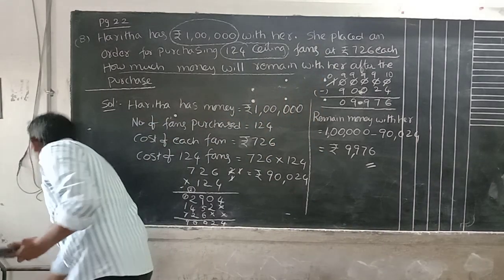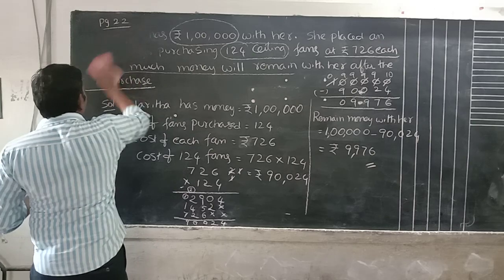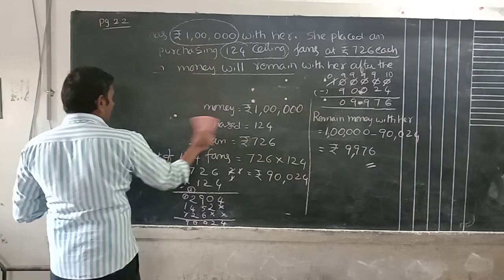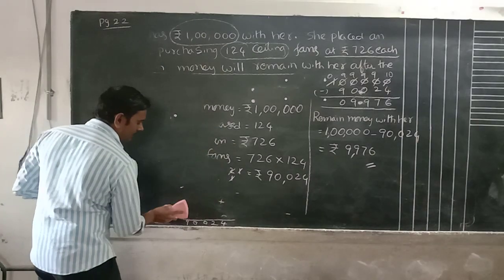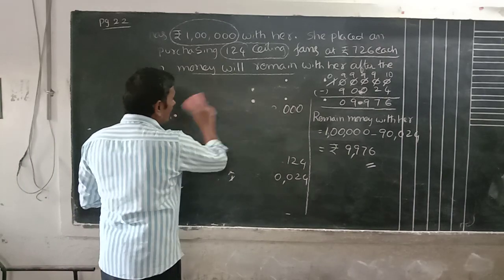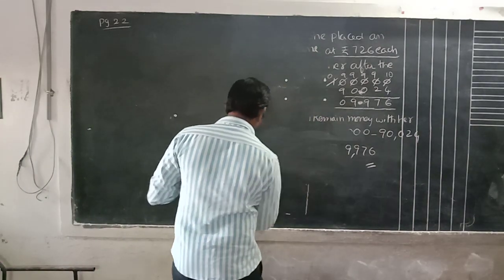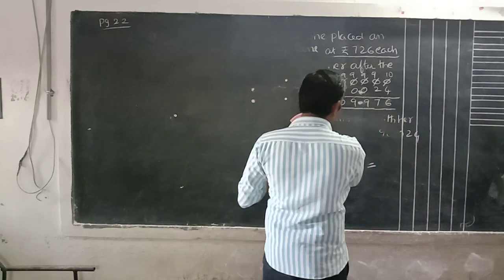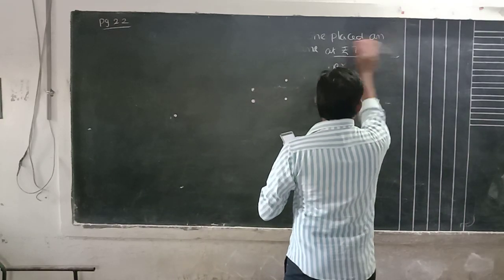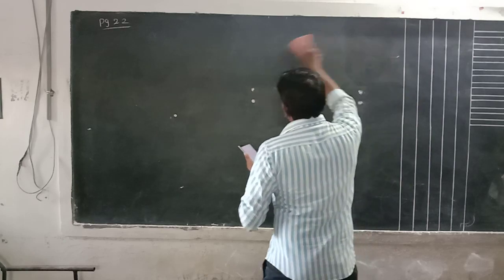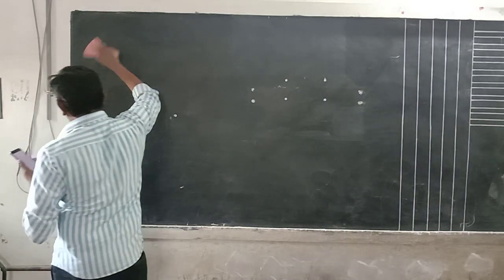How can we do it? Once again, I will recall the concept related to nearest tens and nearest thousand.